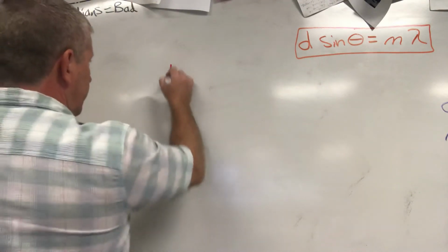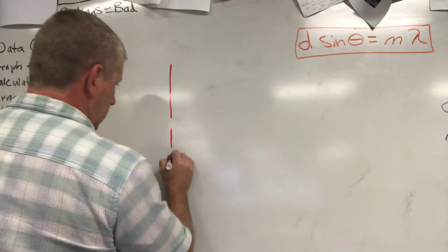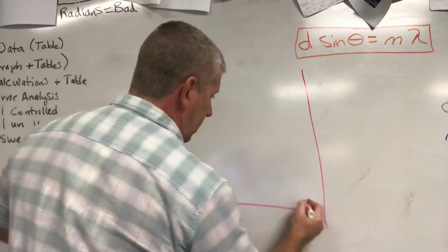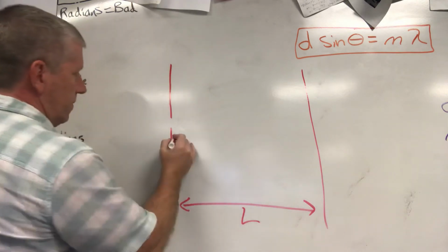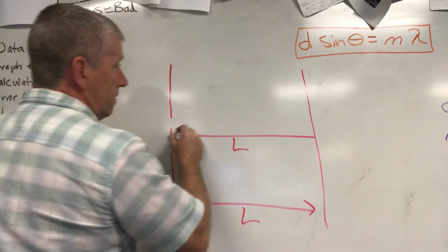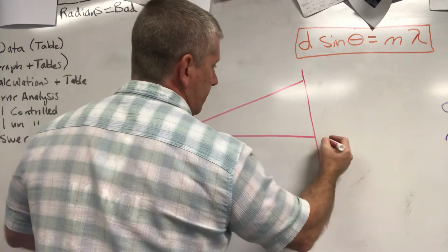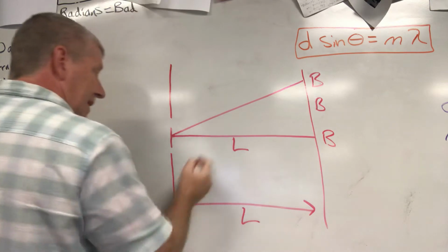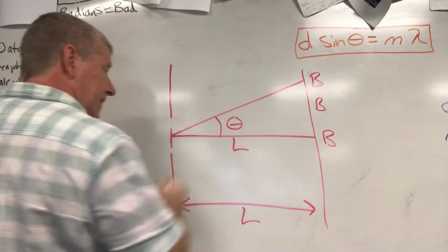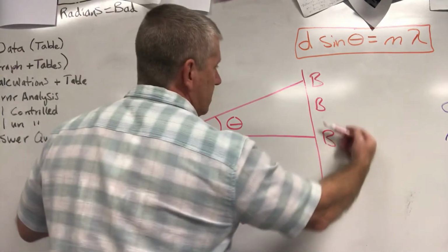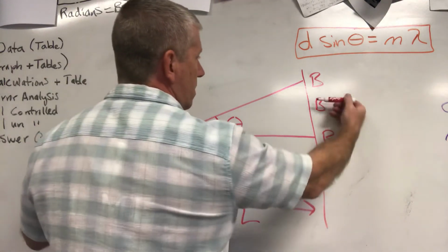Let's go ahead and put this up. Some slits here, screen, and you know L here. Maybe there's a big bright spot here, bright spot here, bright spot here, and that angle here is theta. This side is a particular maximum, so 1, 2.